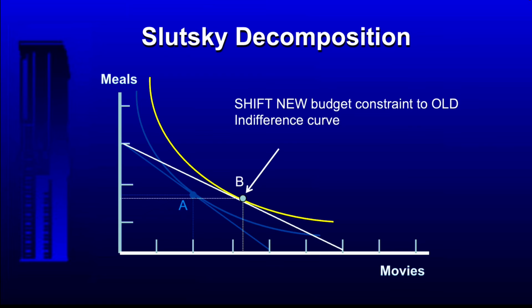So what we'd like to do now is say that we're going to change the price and we're going to separate the income effect or measure it separately from the substitution effect.